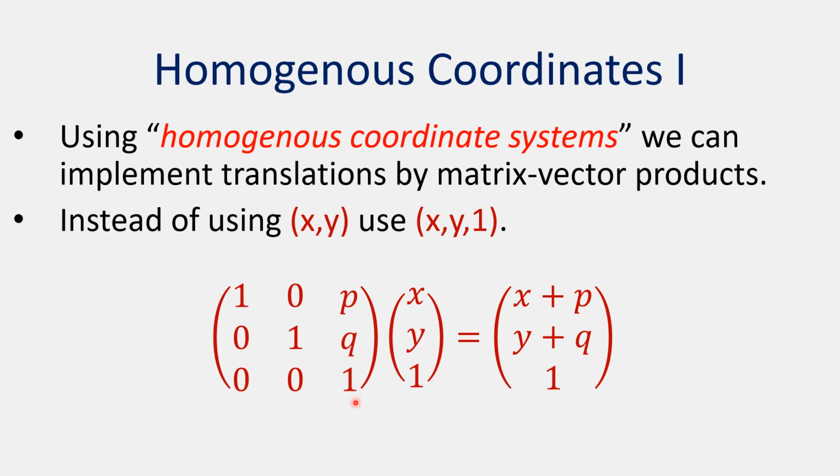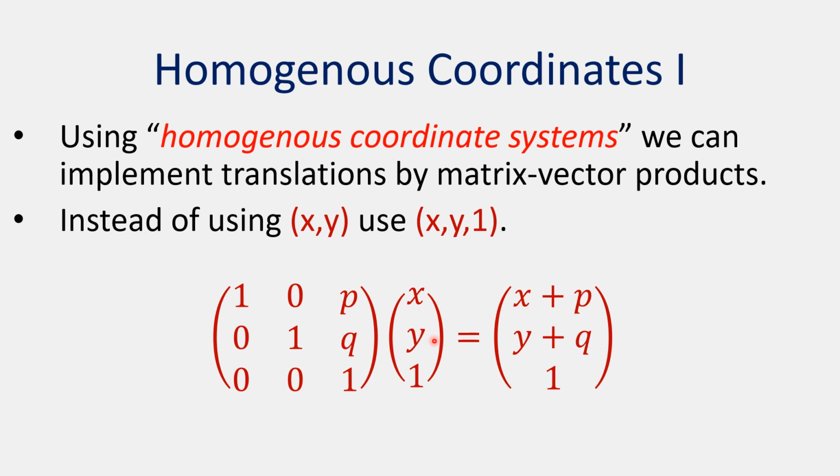of our matrix. Now if we look at what happens when we multiply our homogeneous coordinate x, y, 1 by this matrix, x multiplied by 1 is a value x, y multiplied by 0 is a value 0, 1 multiplied by p is a value p. We're adding these values to get the position we want, and that gives a result x plus p, the coordinate we want to translate x to.